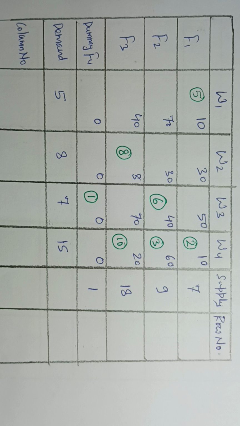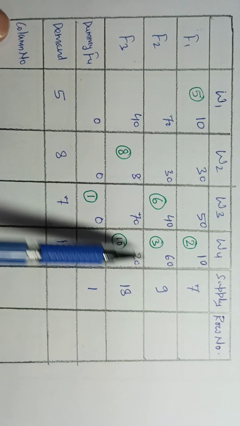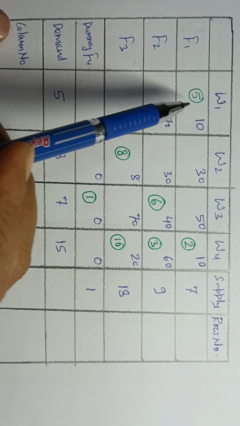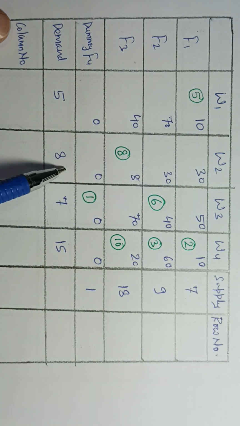Here we will select the row or column which has the maximum occupancy, the maximum occupied cells. See here, in row 1 there is 1 occupied cell, in row 2 1 occupied cell, in row 3 2 occupied cells, and in row 4 we get 3 occupied cells.